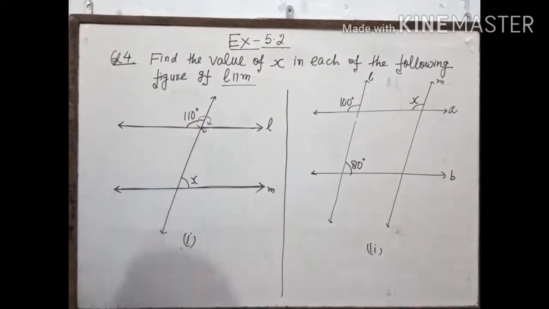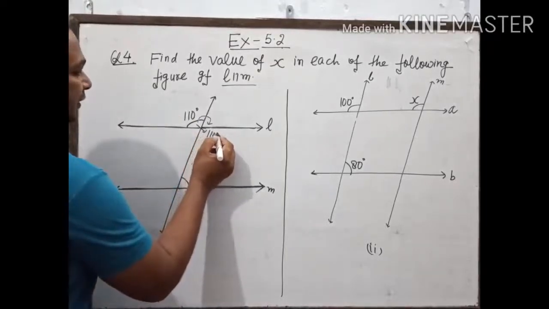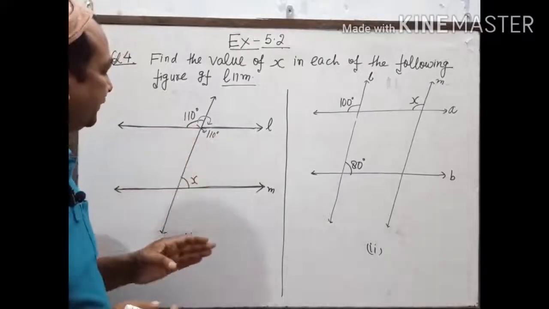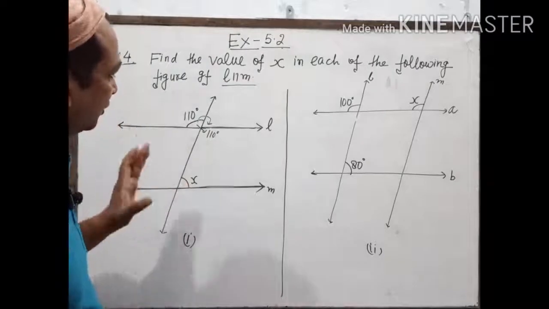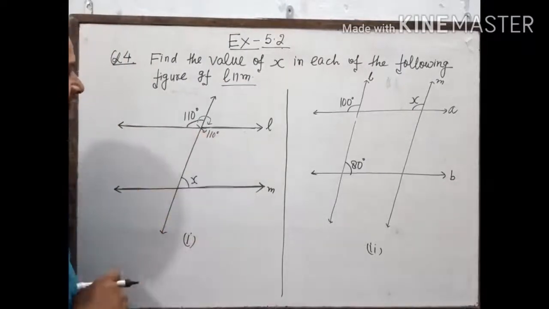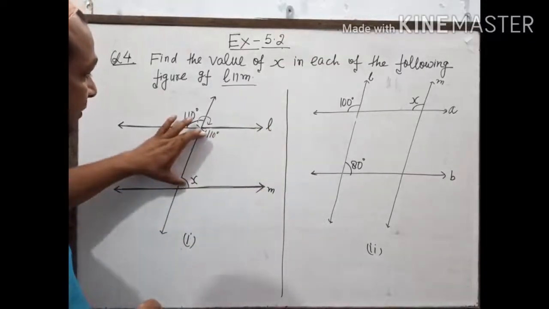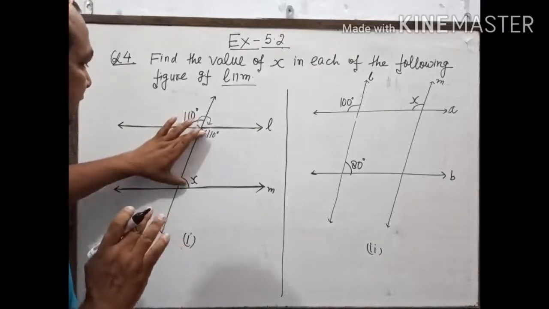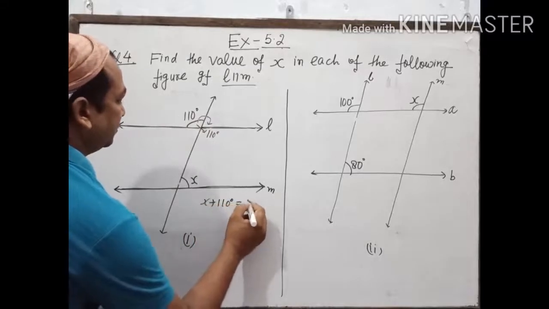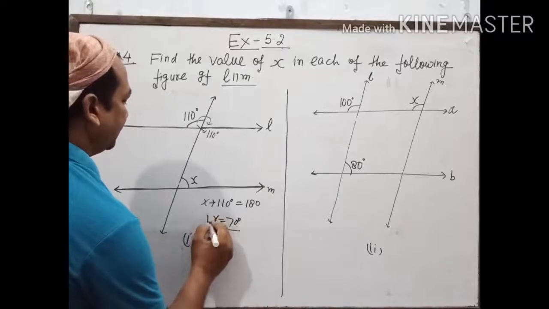Using vertically opposite angles. If I shift this 110 degree angle by using the property that vertically opposite angles are equal, now we see that these two angles are co-interior angles, and since these lines are parallel, they will be supplementary, meaning x plus 110 equals 180, so x equals 70 degrees.